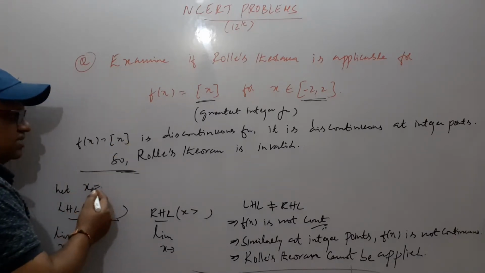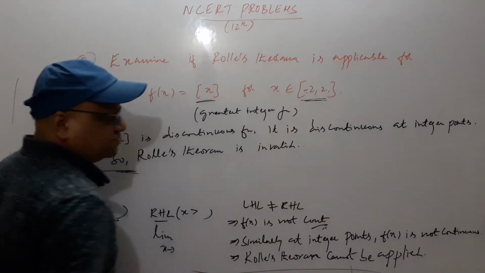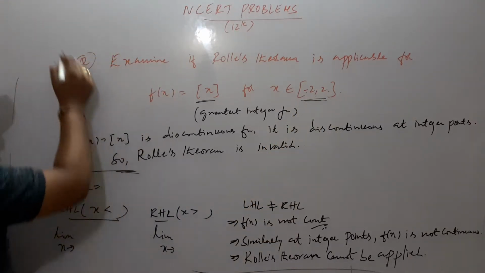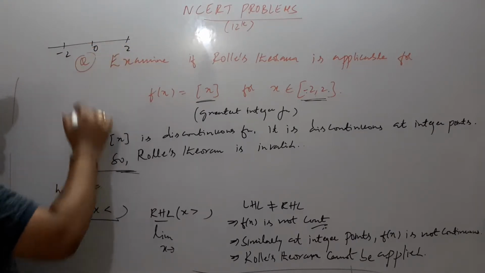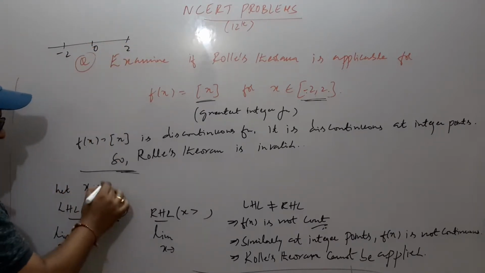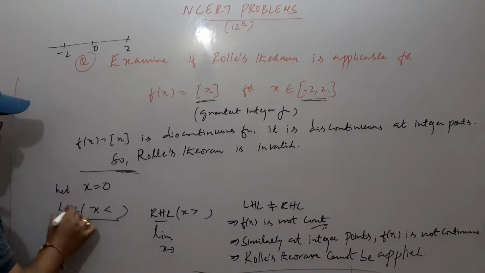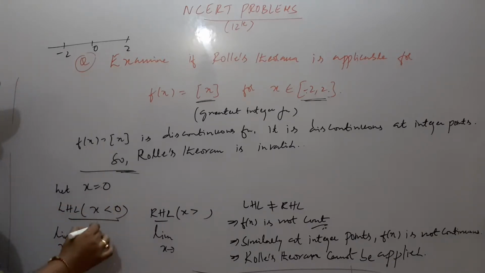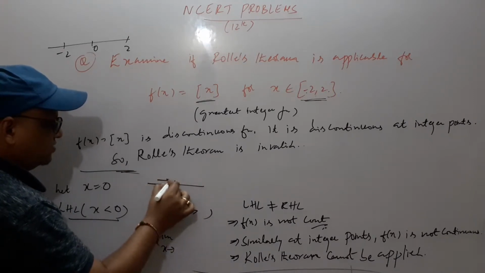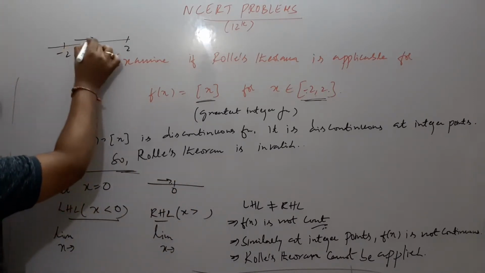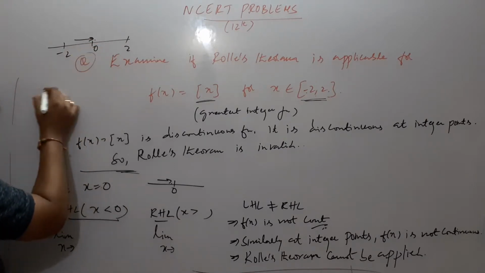Let us take x as some point between -2 and 2. Any point you want. Let me take 0 as the point. So at x = 0, LHL is x less than 0. Now students, when x is less than 0, it is coming from this side. What will be the box value?